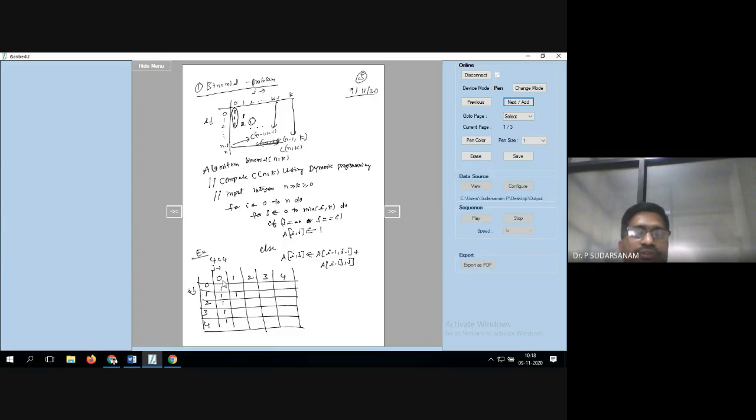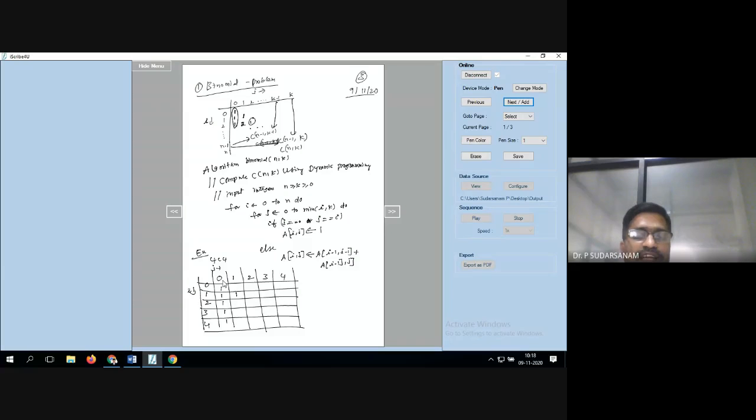Now A of 2 comma 1, we have already entered 1. Now A of 2 comma 1 we have to write. Whatever formula you have told, we don't need it here. What we have written here: the previous values correspondingly. So 2 comma 1 is nothing but the above value correspondingly.